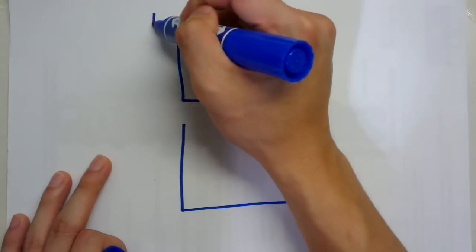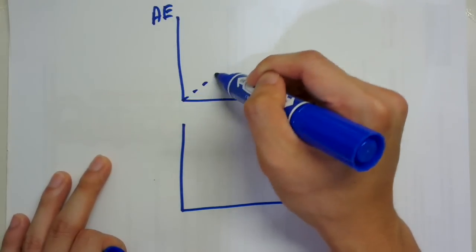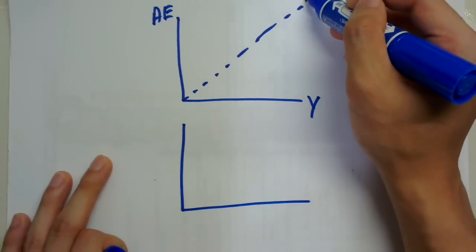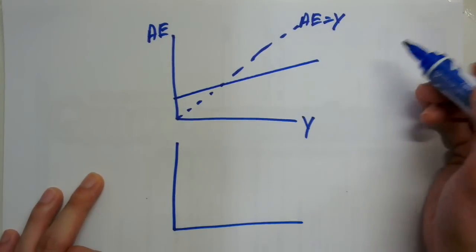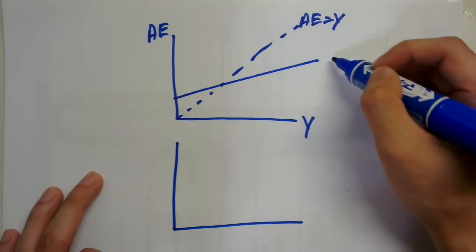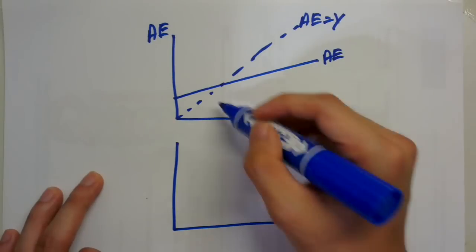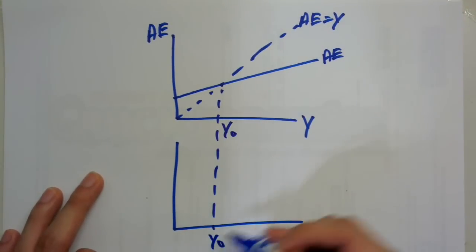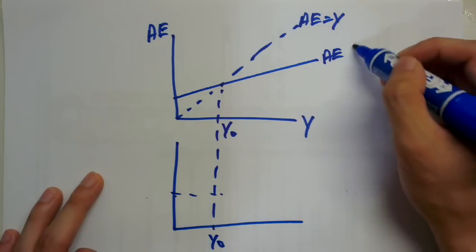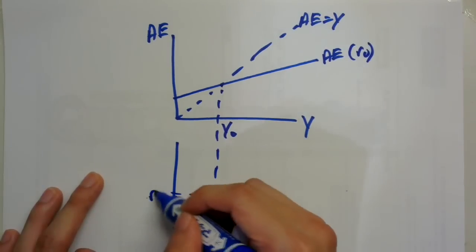This is Y, and this is aggregate expenditure, so you have your Keynesian cross diagram over here. This is AE equals Y, the 45-degree line, and initially you have your aggregate expenditure here, giving you an initial equilibrium of Y naught, given that interest rates were at R naught.